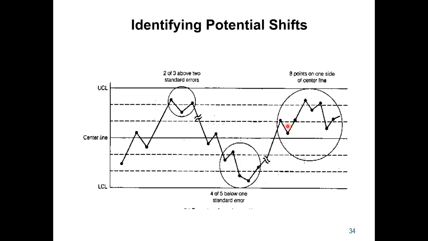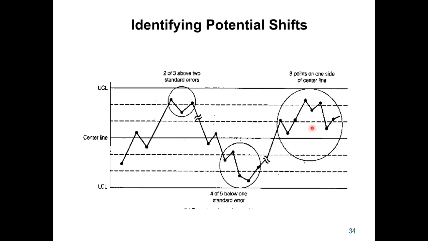And this one, 8 points altogether on one side of the center line. The center line is here, but a large number of points actually lie at one side of the center line, either above or below.